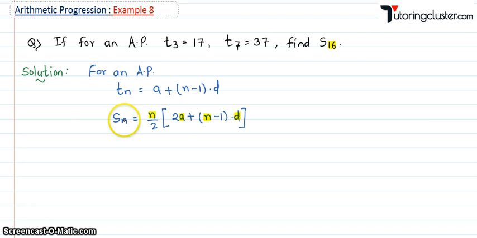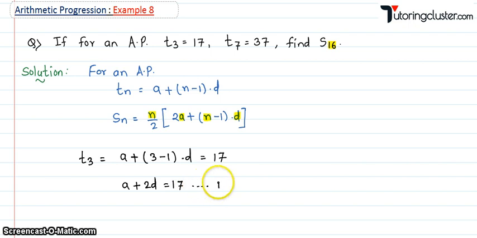So first we will write the equation for T3. T3 is equal to 17. So T3 will be equal to a plus (3 minus 1) into d, which is nothing but 17. So a plus 2d is equal to 17. I have got the first equation. Now T7 is given to you.